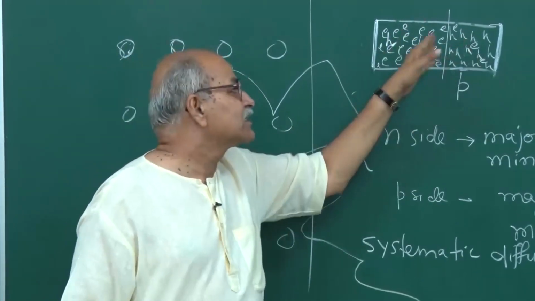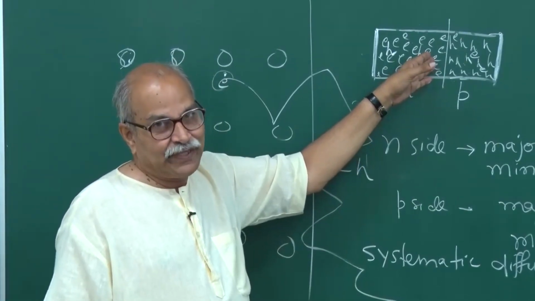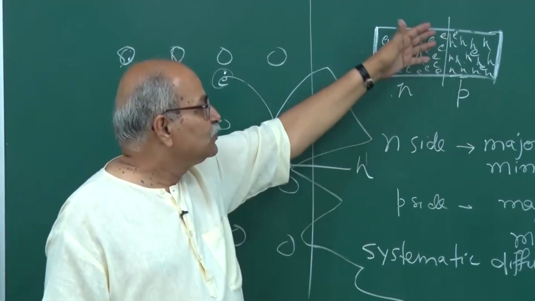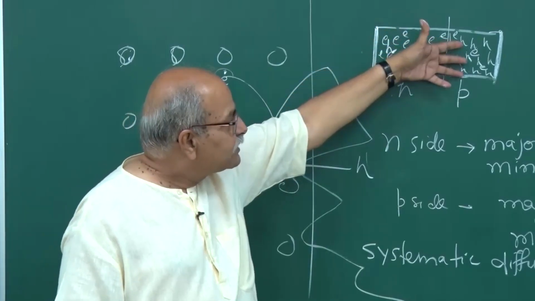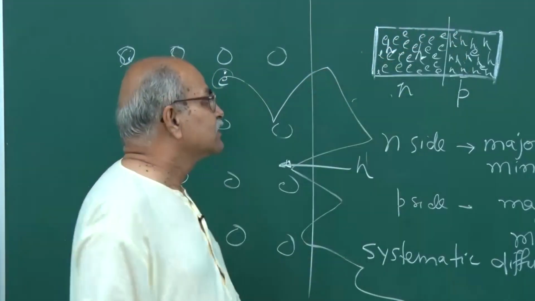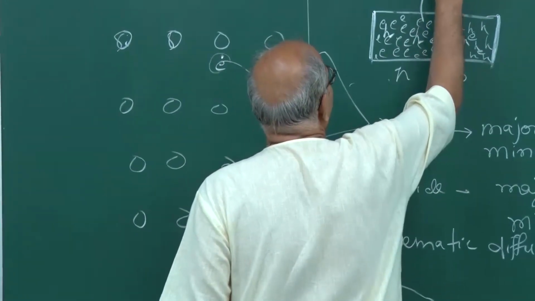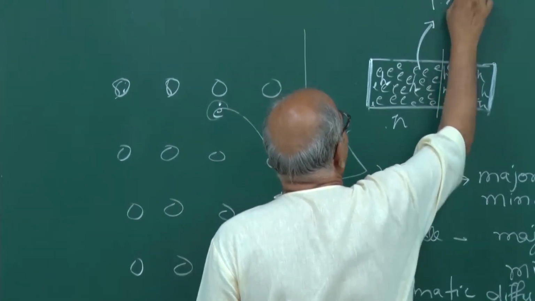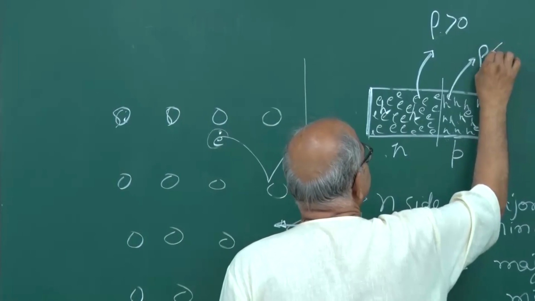Electrons leaving itself is creating positive charge density. So, both ways, holes coming from here, electrons going from here, both ways you will have positive charge density on this side and negative charge density on this side. So, you have a charge appearing, rho which is positive here, and a charge appearing here, rho which is negative.